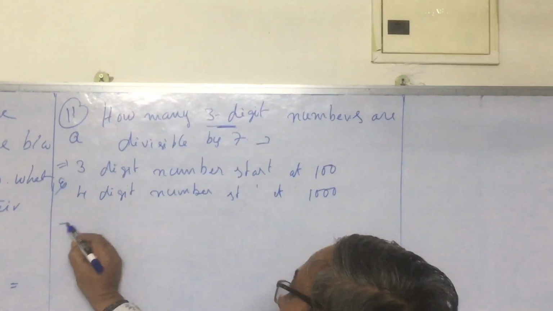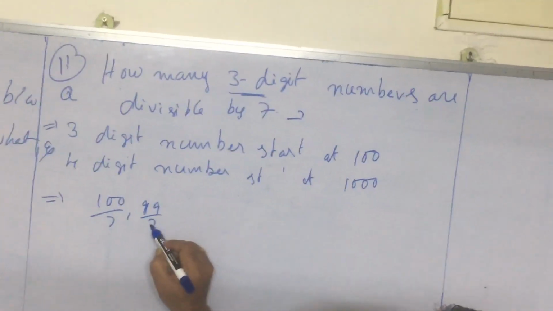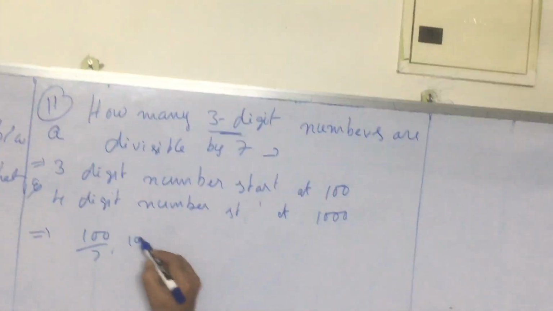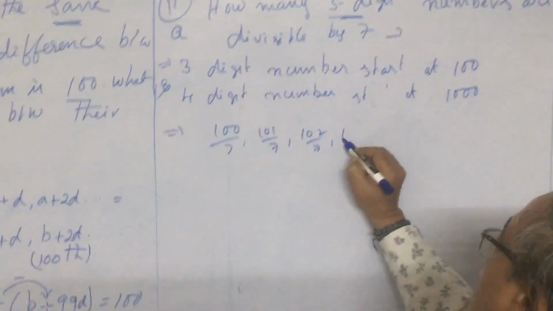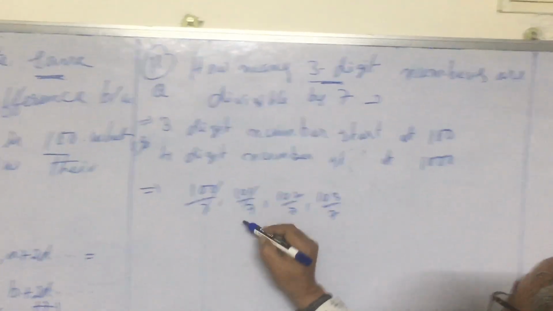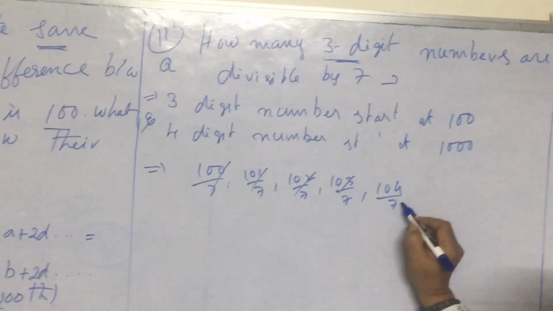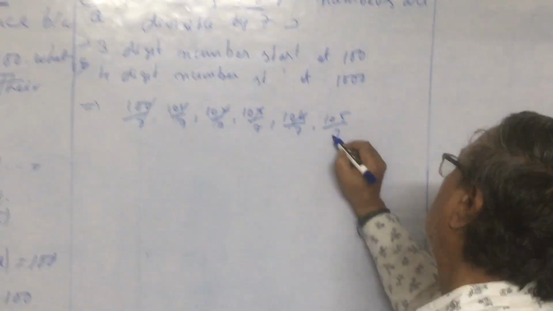First, 100 by 7: it is not divisible. 101 is not divisible by 7. 102 is not divisible by 7. 103 is not divisible by 7. 104 is not divisible by 7. 105: 7 ones are 7, 7 threes are 21.